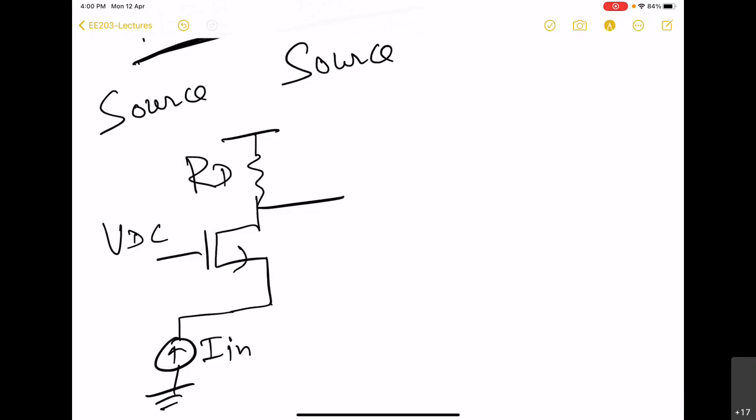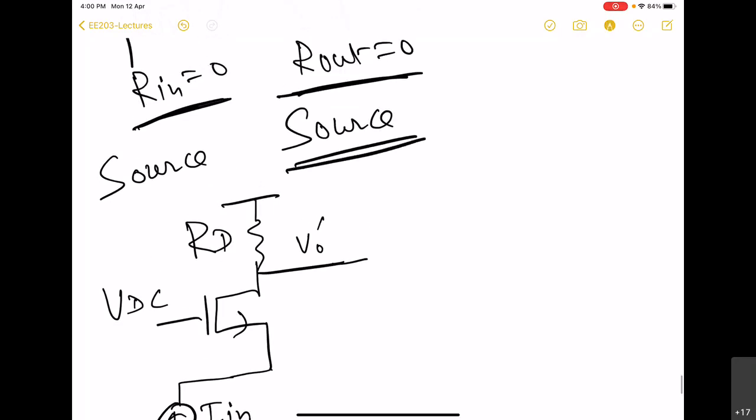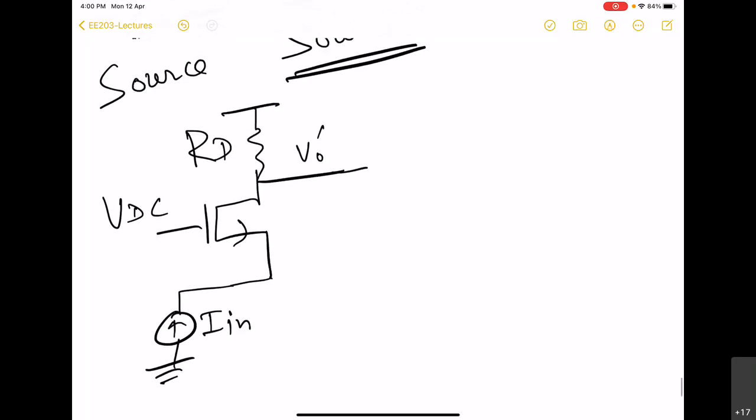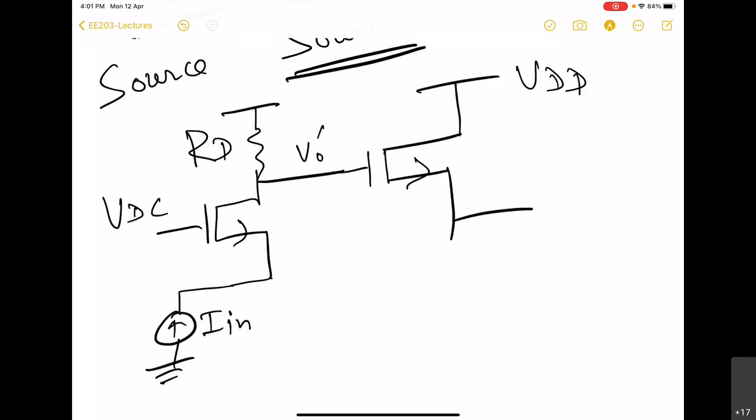So this is how we convert this input into an intermediate quantity. And again, finally on the output side, we have to take the output from the source. That means this has to be fed to the gate. If you connect it to the source directly, then it is pointless. You will again get the same quantity. So in this case, now we will have this configuration.